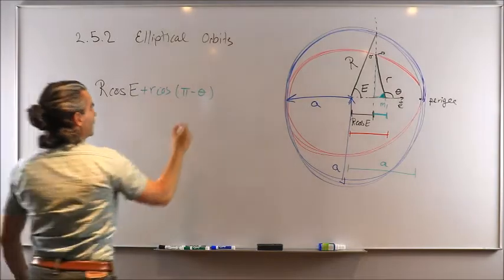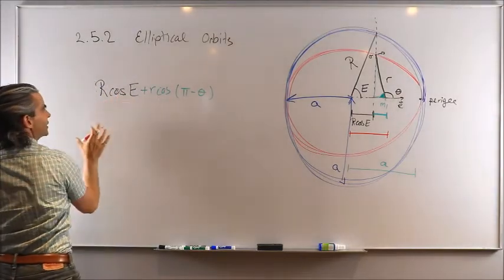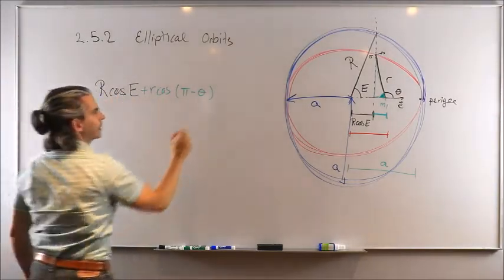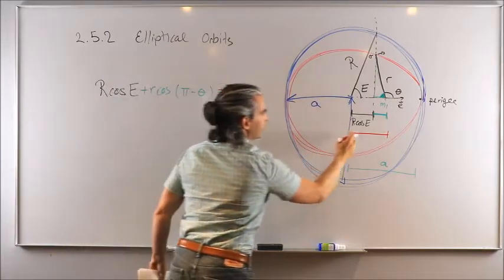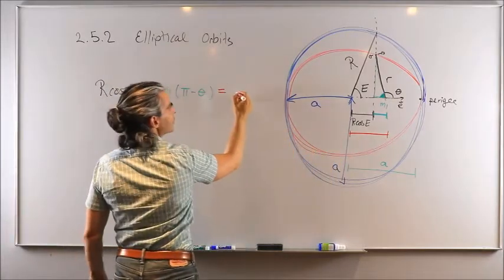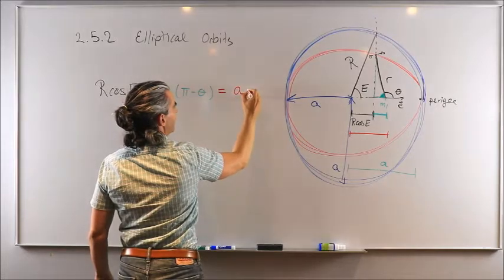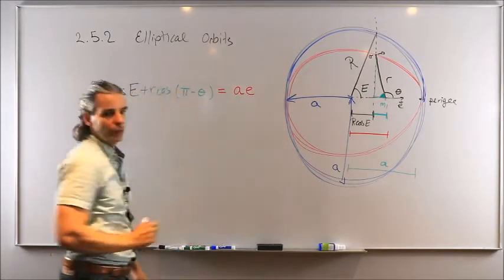So we're going to say the black segment plus the green segment, both together, is actually A times E from before.